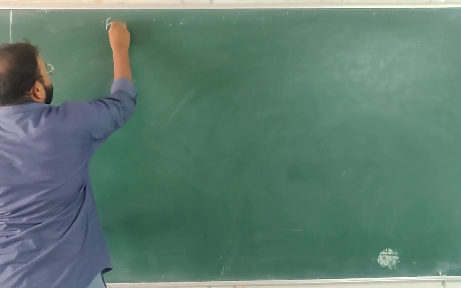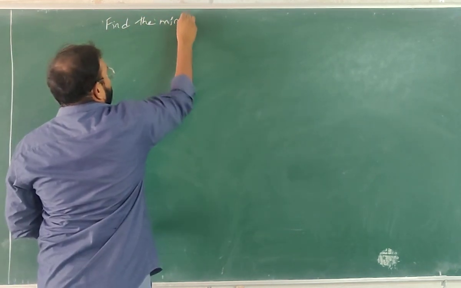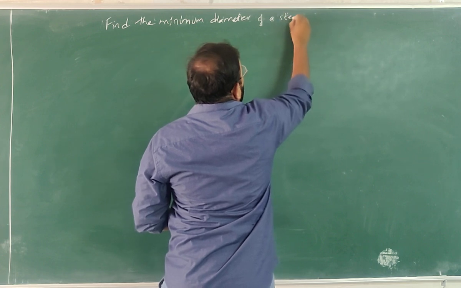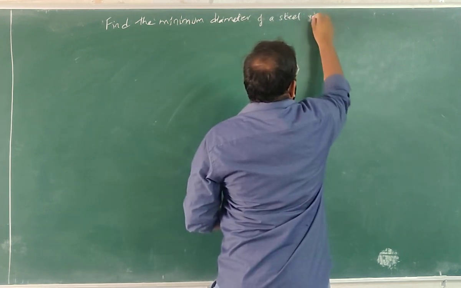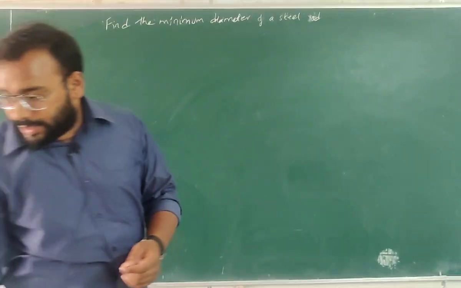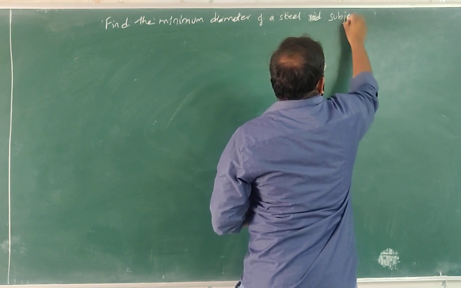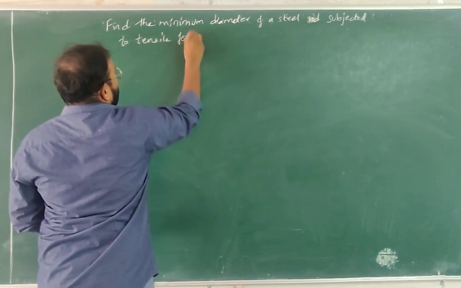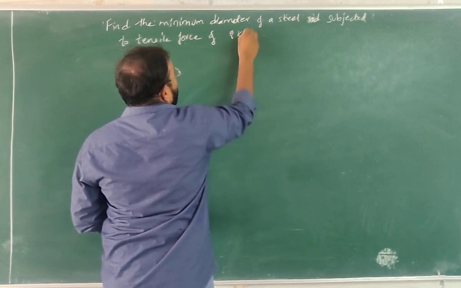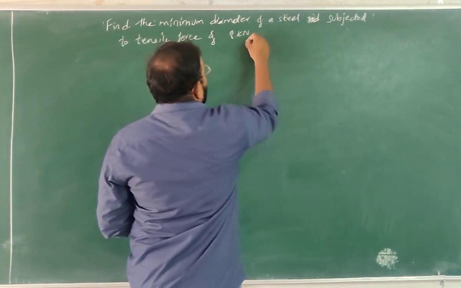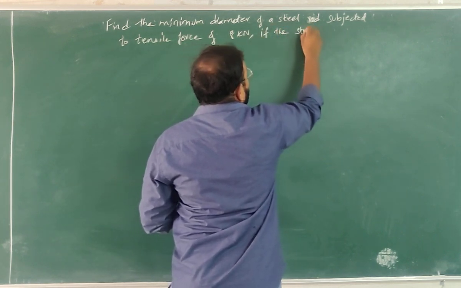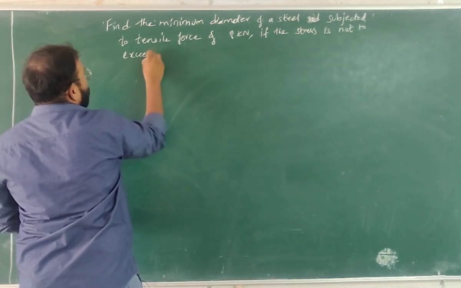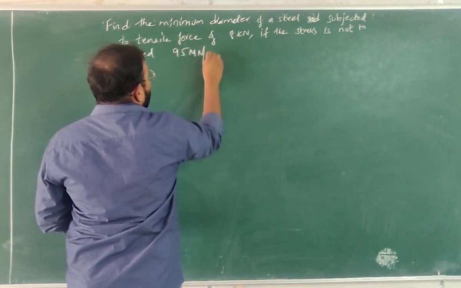Find the minimum diameter of a steel rod subjected to a tensile force of 8 kilonewton, if the stress is not to exceed 95 mega Newton per meter square.